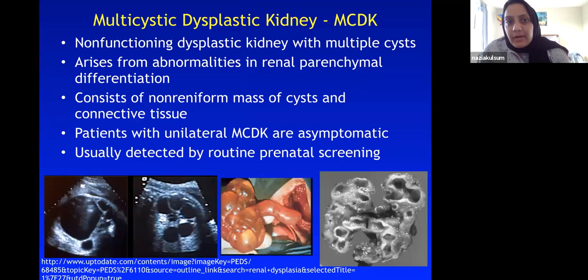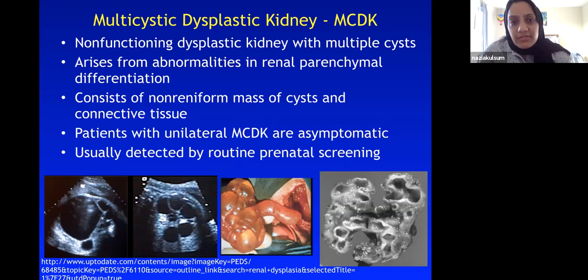Next condition is multicystic dysplastic kidney. So we always use this term called MCKD. Whenever we refer to this terminology, it's basically telling you that that kidney is non-functional. Again, like your dysplasia, there's a lot of abnormal kidney tissue here, but they don't have normal nephrons.